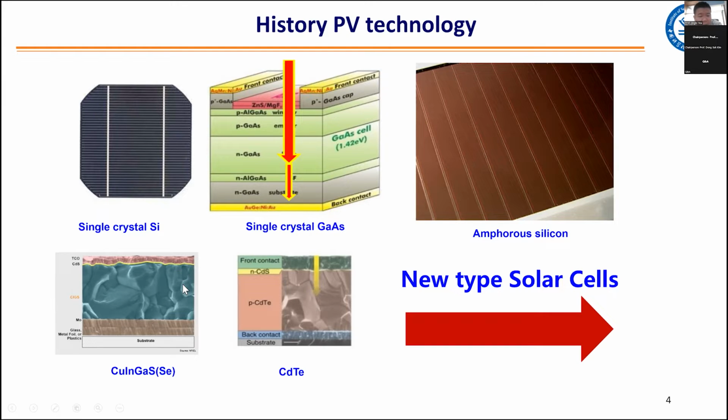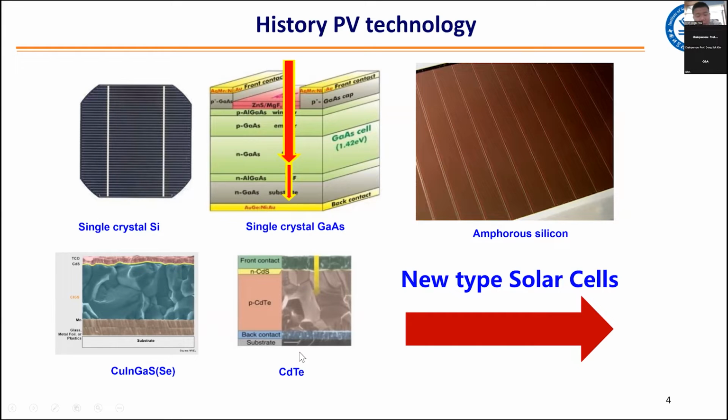So later, people invented CIGS or CdTe. CIGS has four inorganic elements, so it is very complicated. Also, indium is a rare metal, so it's very expensive.